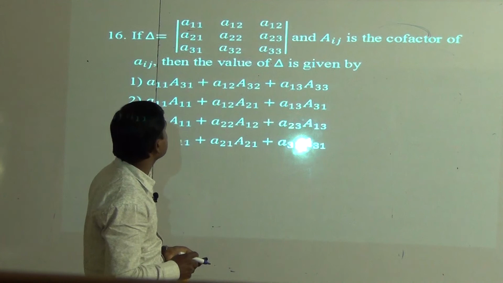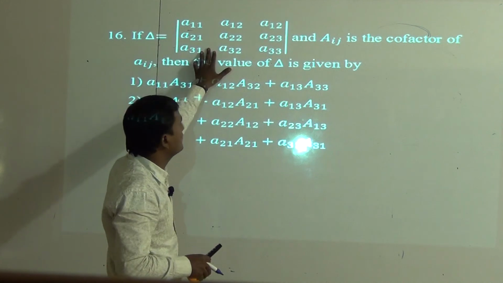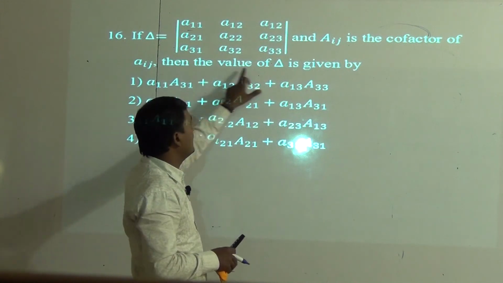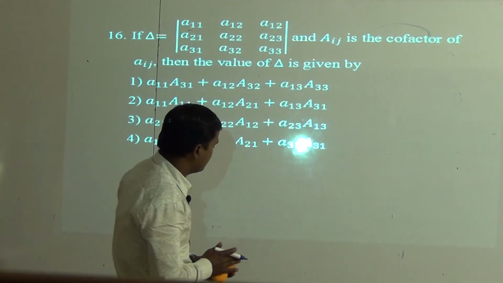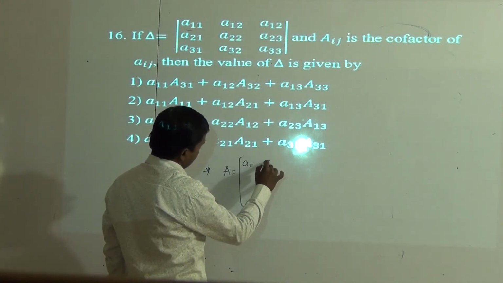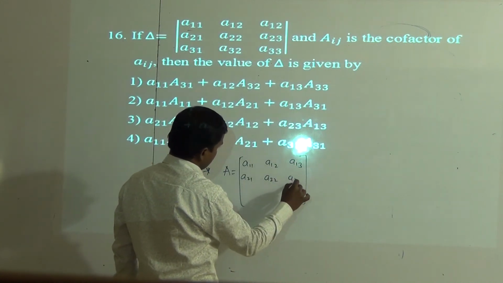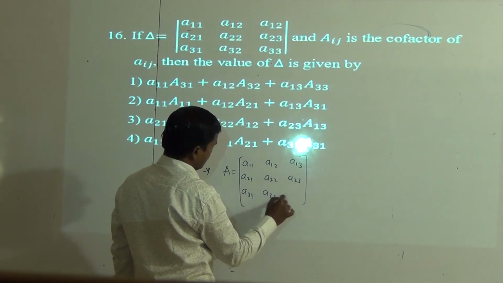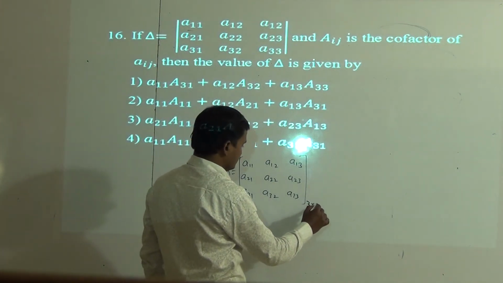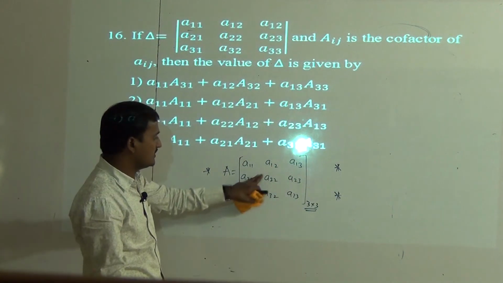Yes, here. They have given the determinant, and Aij is the cofactor of aij. Then the value of delta is given by? If it is a matrix with rows a11, a12, a13, a21, a22, a23, a31, a32, a33, a matrix of order 3 cross 3, then we have two results associated with this matrix.